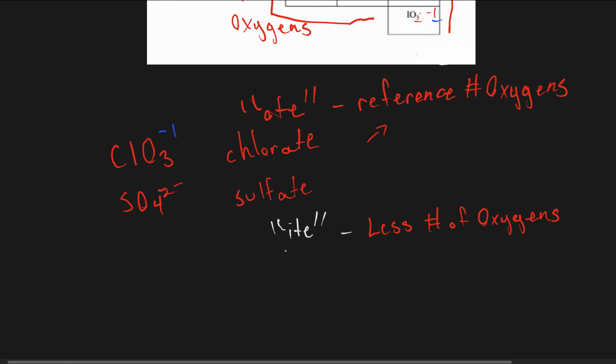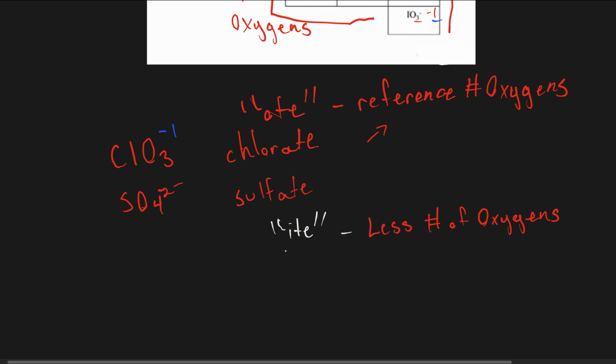So let's take these 2 examples of chlorate and sulfate. Let's say chlorine now has 2 oxygens instead of the 3 reference number oxygens that it usually has. Now ClO2, instead of chlorate, will become chlorite.